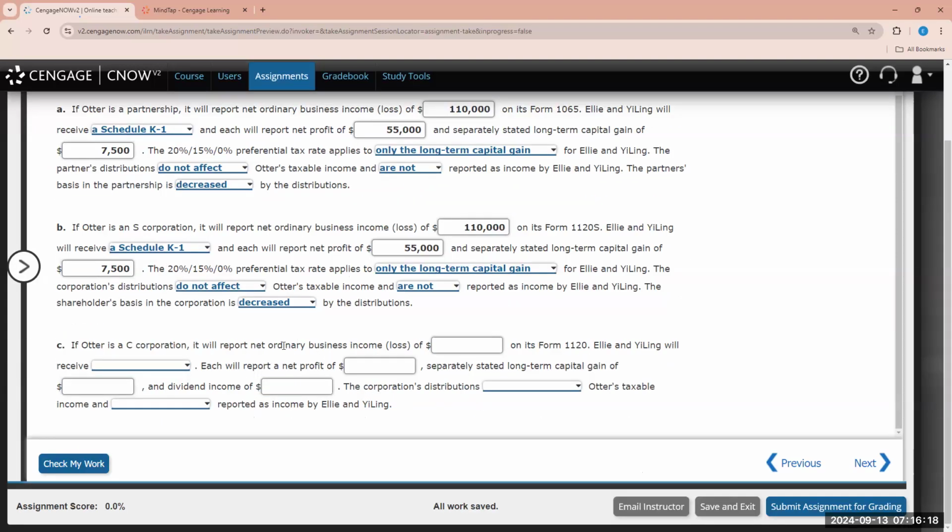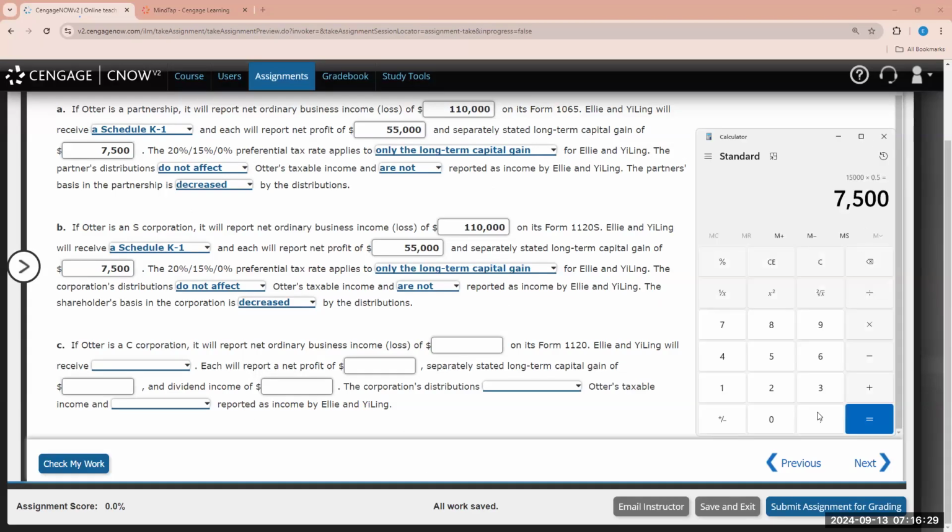All right, this brings us to the last one. C, if Otter is a C corporation, it will report. All right, so with a C corporation, things are a little different, right? For a partnership and S corporation, things are separately stated, but not for a corporation. So for the corporation, we have $320,000 of gross income.